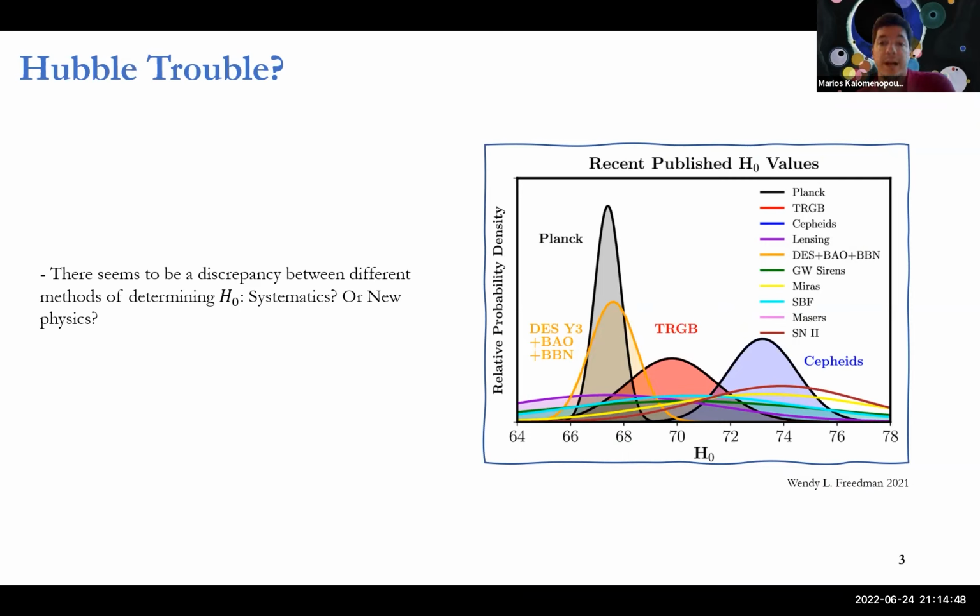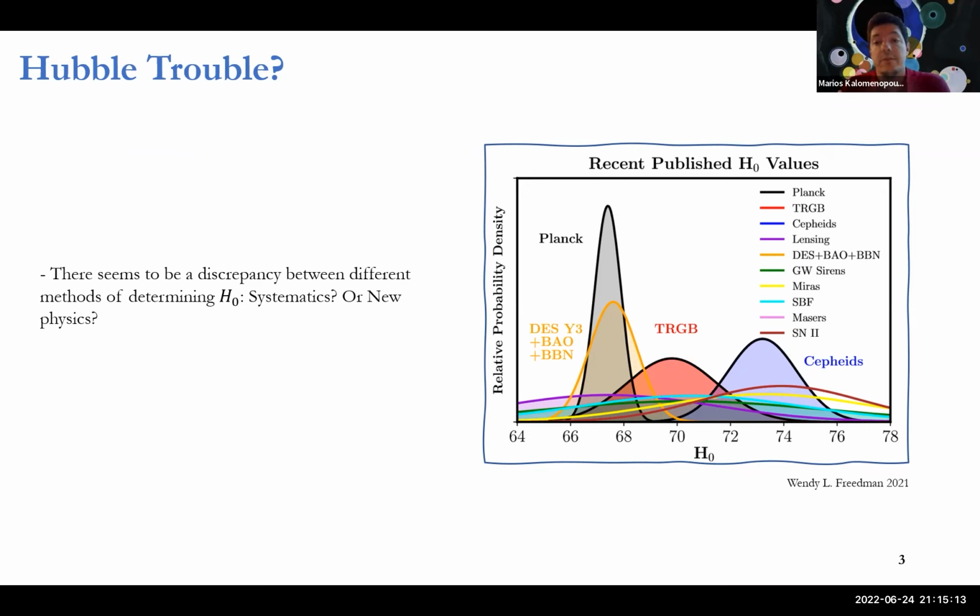So we have the Planck and the CMB measurements that give a small value for H0, while the late time observations based on Cepheids and supernova give a larger value. And if you take into account statistical errors, both measurements disagree at quite a significant level.